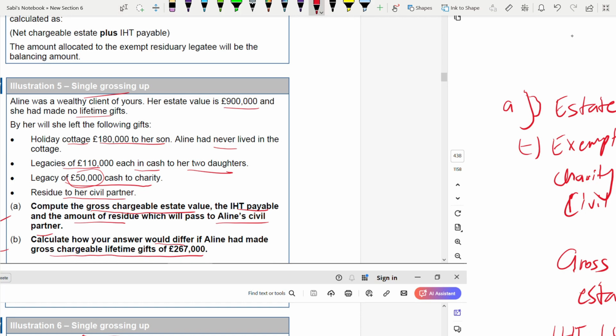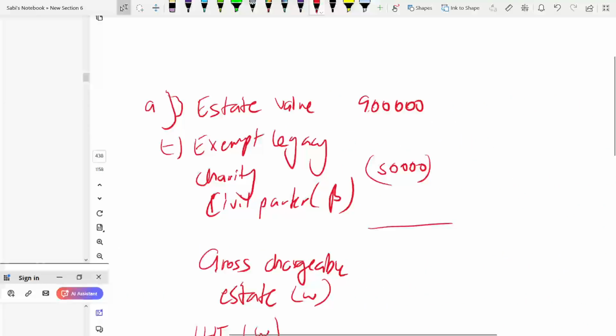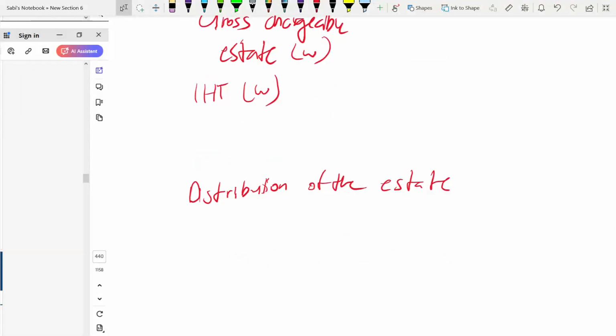How? Just add all this. Gift to charity is 50,000. Cottage to son, 180.